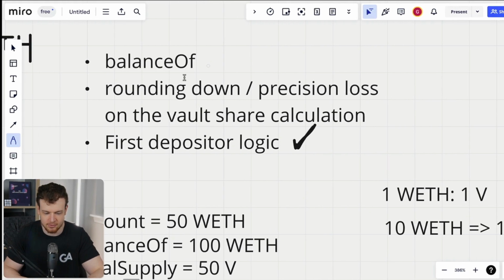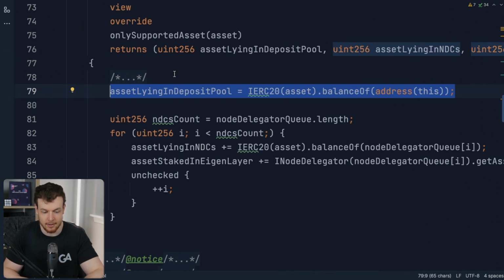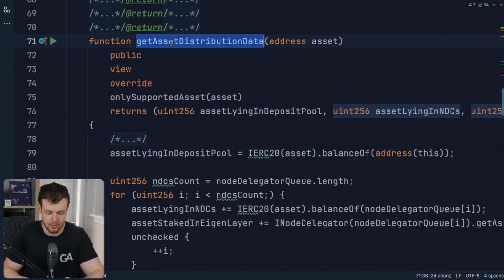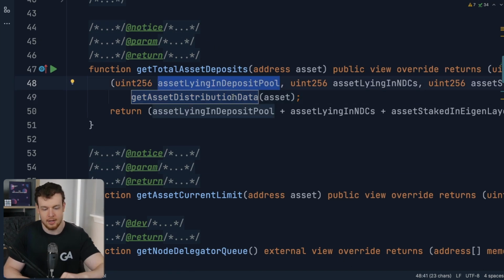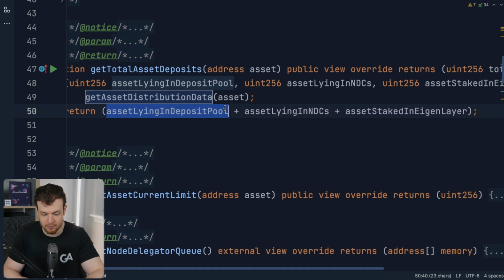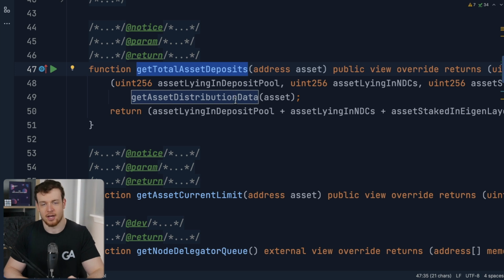So we have this checked off. We're using balance of and we're letting that affect the accounting. So if we go back to where this function was called, we see we return this asset lying in deposit pool, the amount of assets in this contract, which they account for by using balance of. That is a part of the summation, which is returned from get total asset deposits.